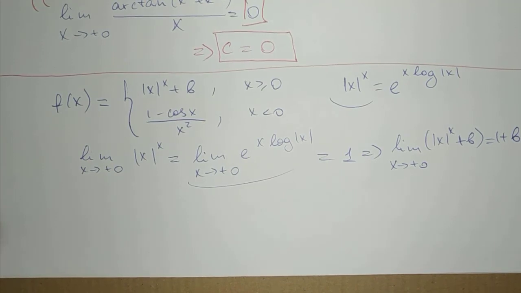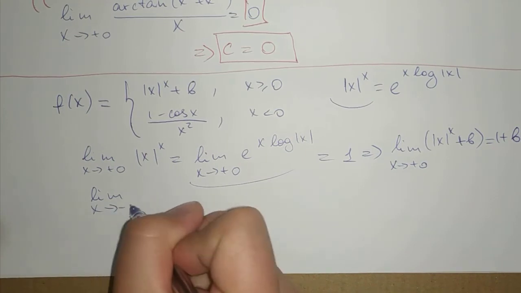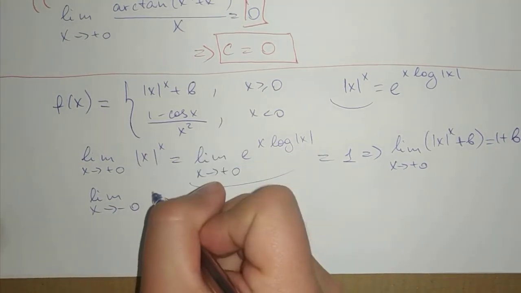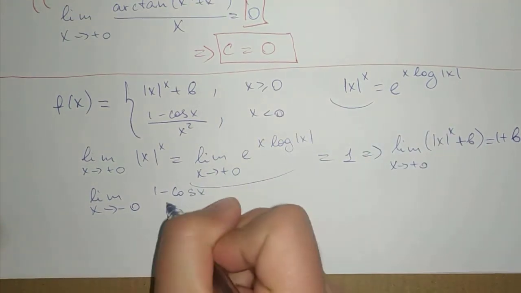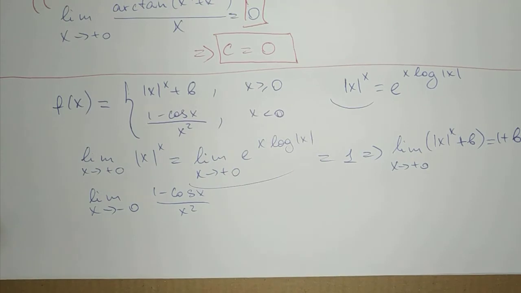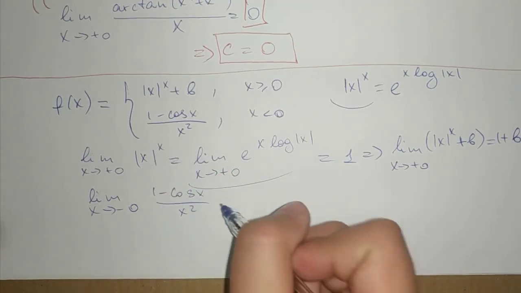And now let's calculate the left side limit. That was the right side limit. Now the left side limit, as x tends to minus 0. The second function now, 1 minus cosine x over x squared. Again, using the fundamental limits, it equals 1 over 2.